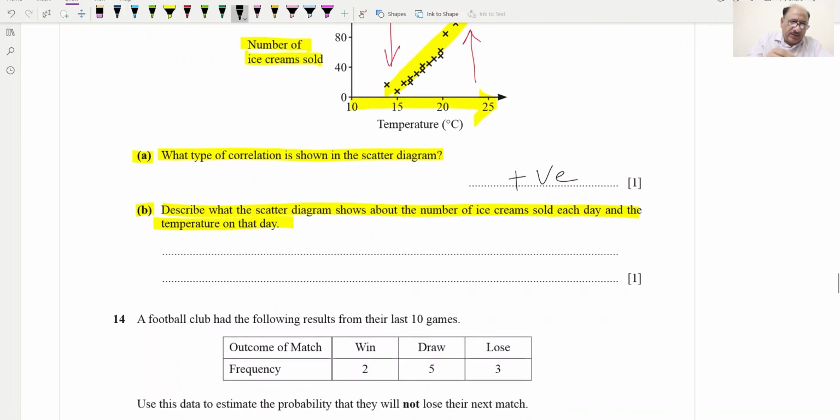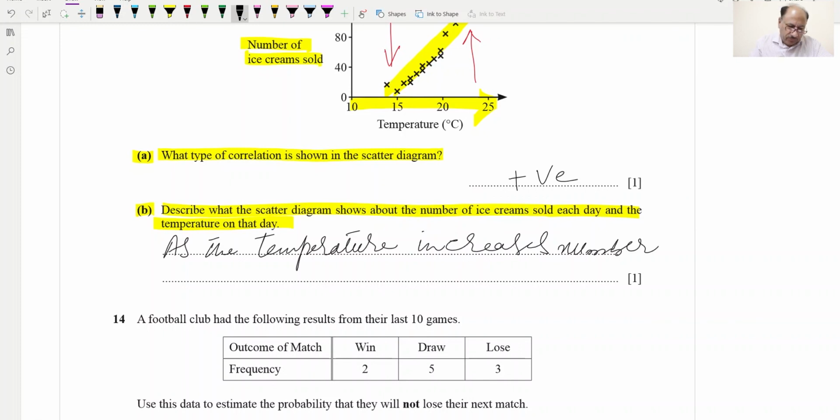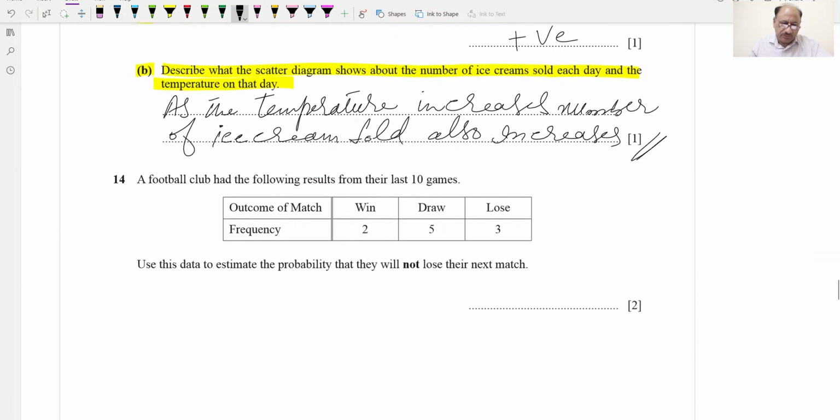So we can say as the temperature increases, number of ice creams sold also increases. This is a 1 mark statement which we have given.